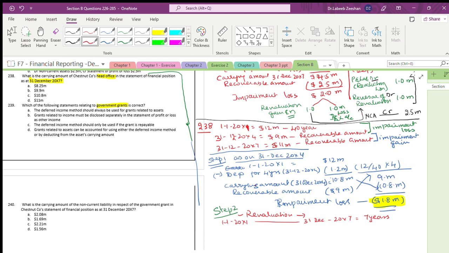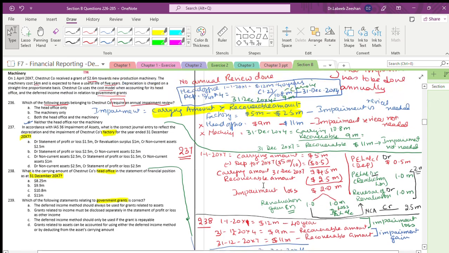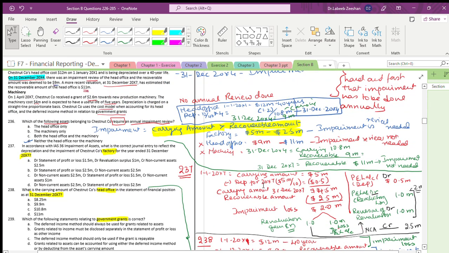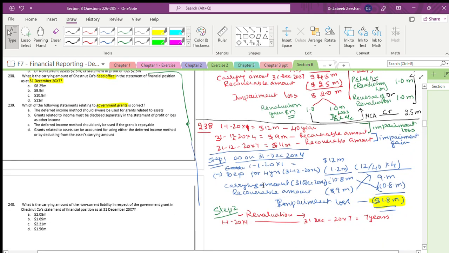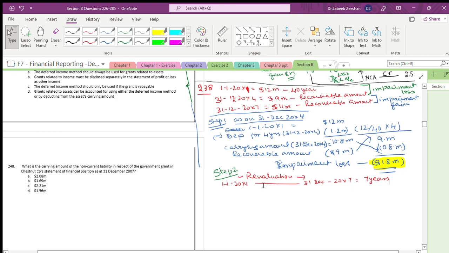The head office, they have mentioned it very clearly. Somewhere we have done this. Again, the value has been increased. What is the rule of IAS 36? Whenever there is an impairment reversal, and we are talking about the impairment loss, it has to be recognized for the previous years also.